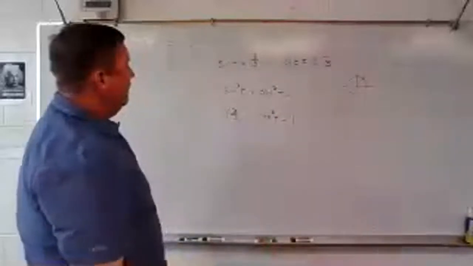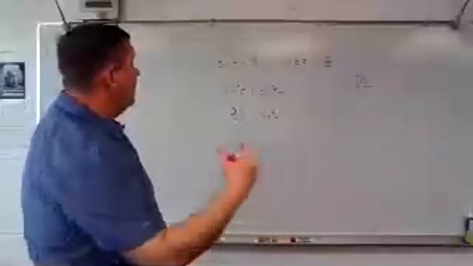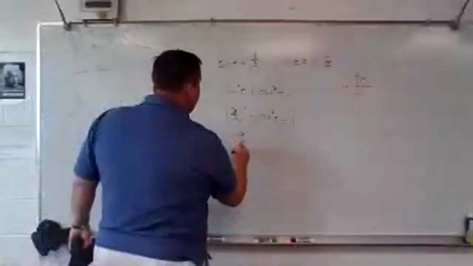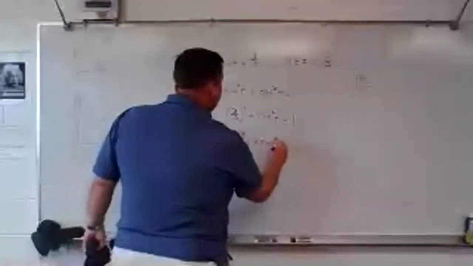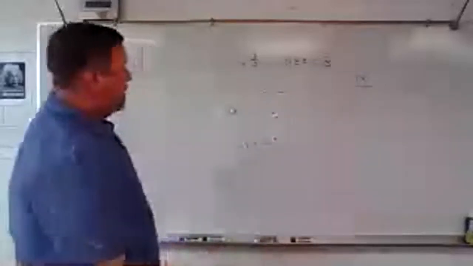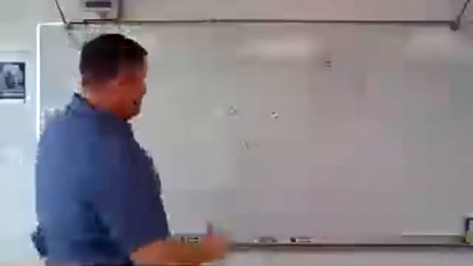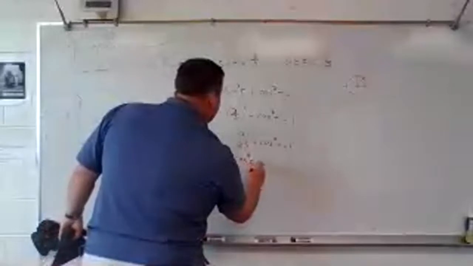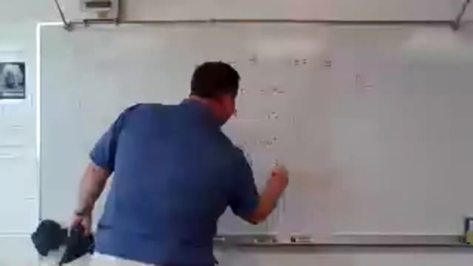And 3/5 squared, hopefully we have no problem doing that. That means 3/5 times 3/5. So I'm going to get 9/25 plus cosine squared t equals 1. All right, I'm trying to solve for the cosine. So let's subtract 9/25 from both sides. Cosine squared t equals 1 minus 9/25.